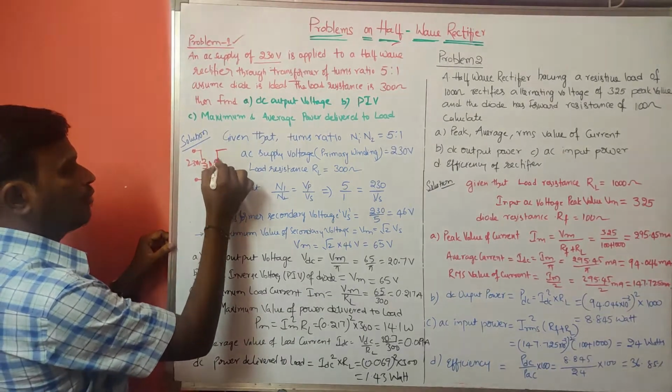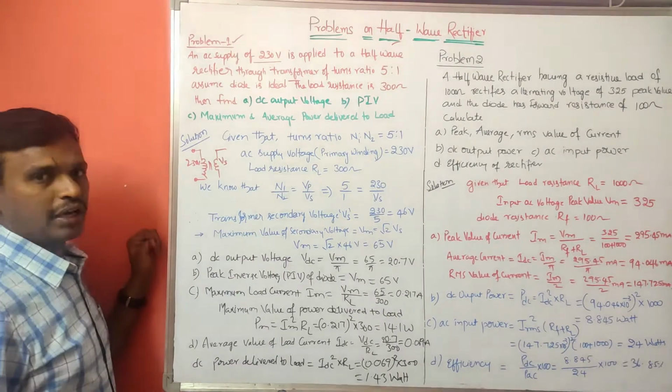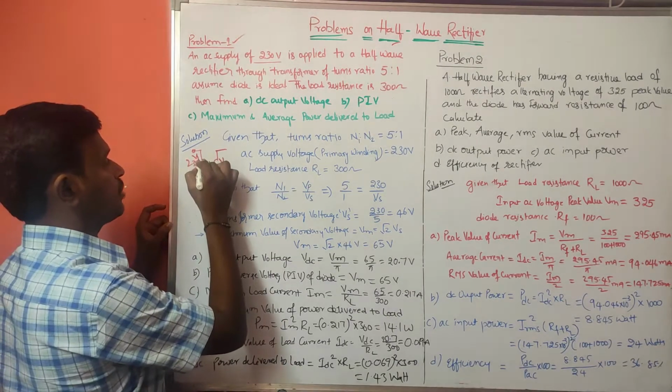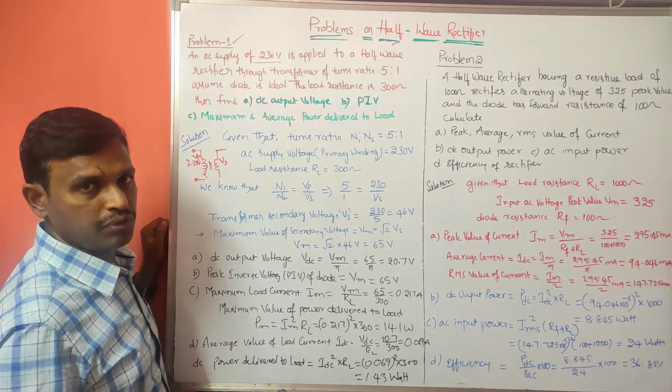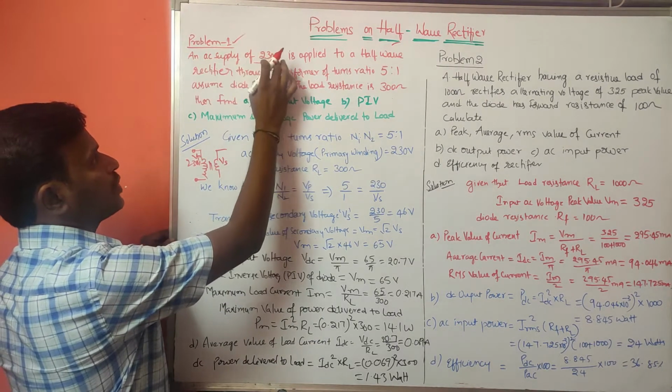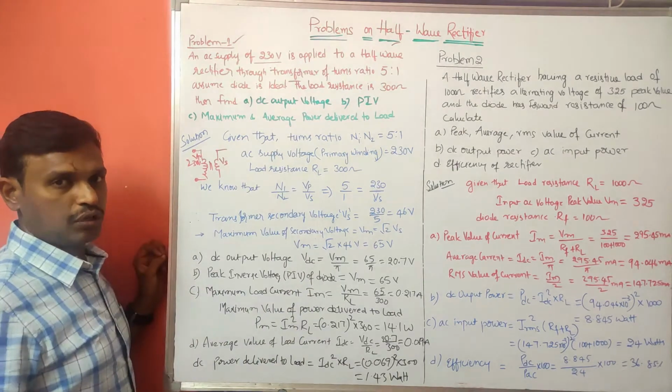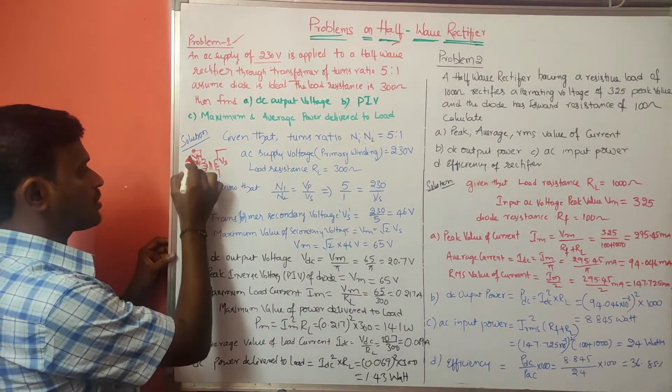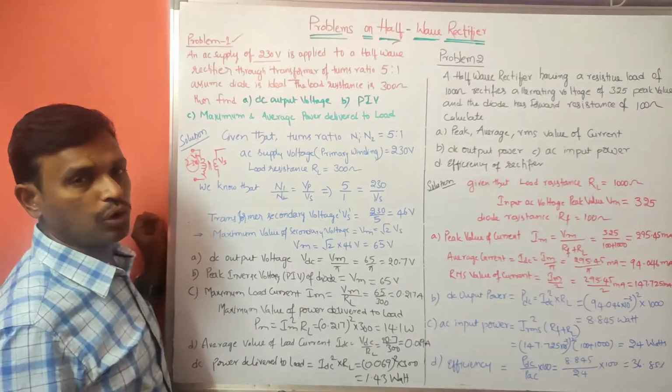Here we have Vs, the secondary winding voltage, and Vp, the primary winding voltage. Now the given value is an AC supply of 230 volts. So that means the primary winding voltage is given.